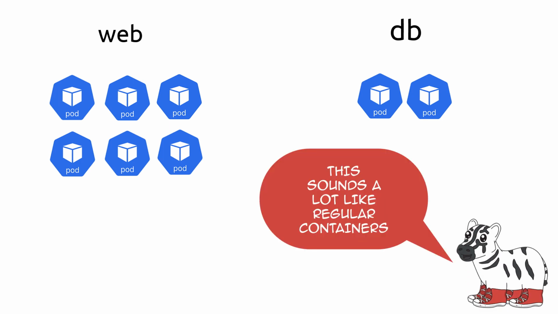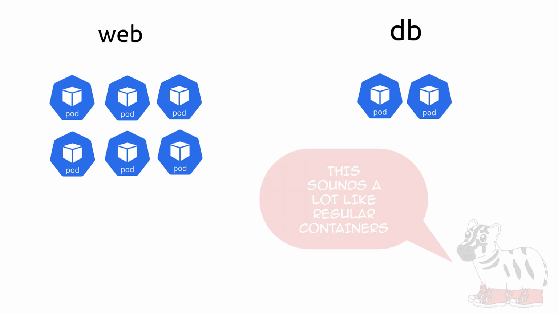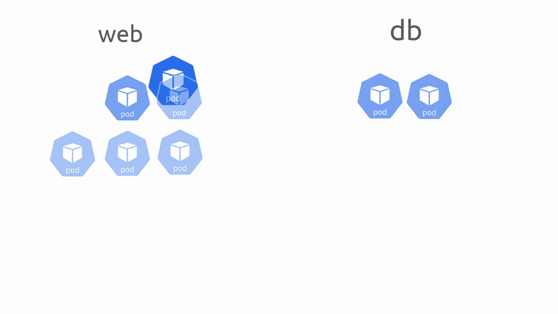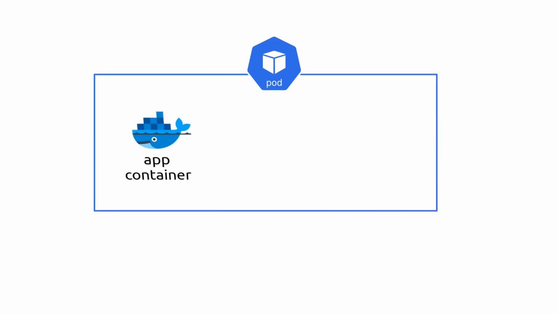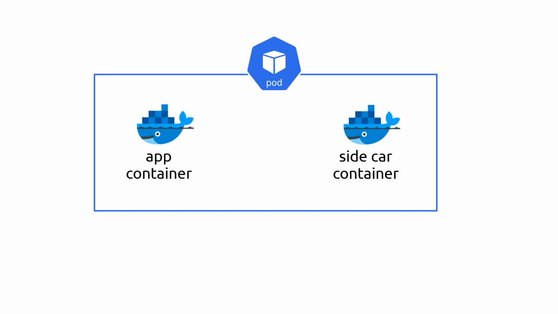But Z wondered, this sounds like regular Docker containers. What is the advantage of having a pod if it's recommended to have only one container per pod? Well, the recommendation is not to have just one container per pod, although in most cases that is going to hold true. However, there could be scenarios where you have supporting or what we call sidecar containers placed alongside an application container inside the same pod.